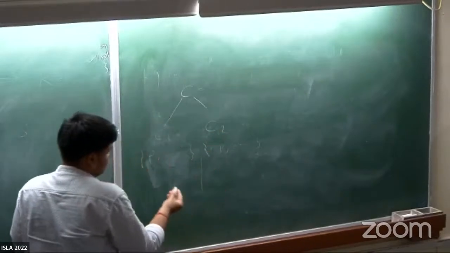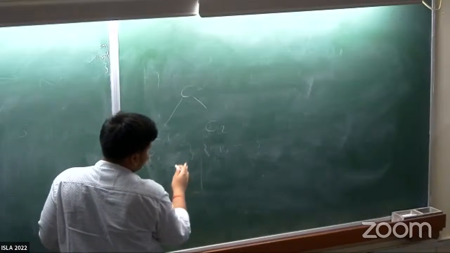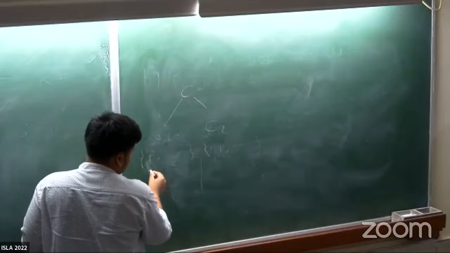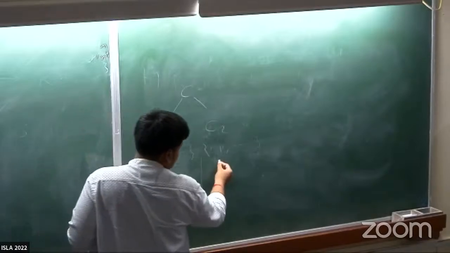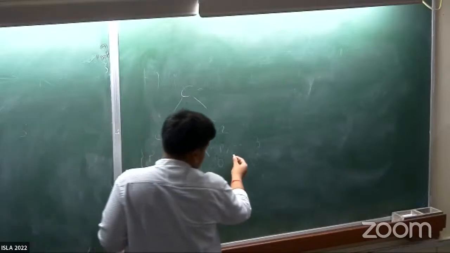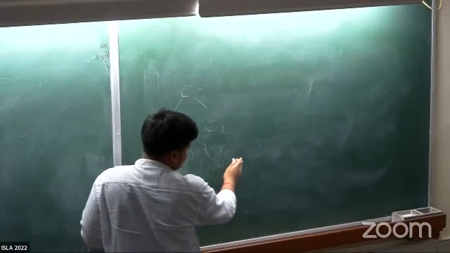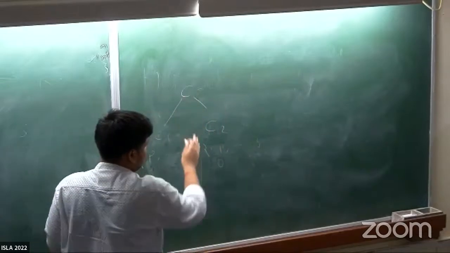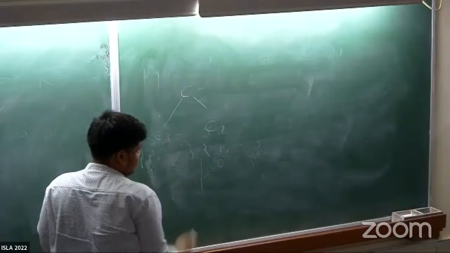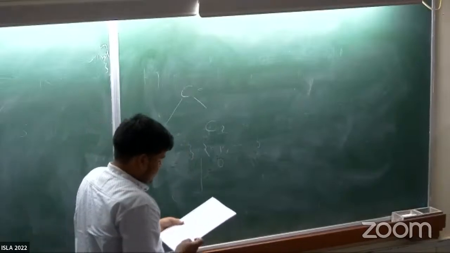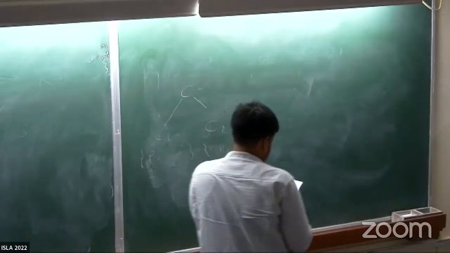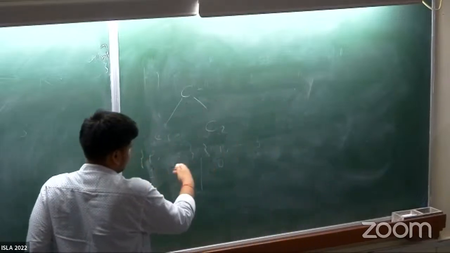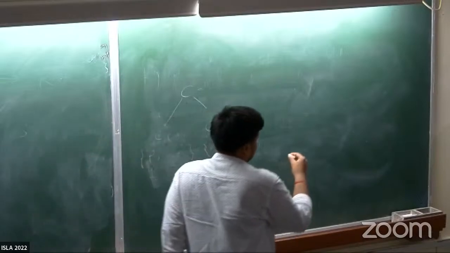So it is not very hard to see that if C1 and C2 are satisfiable, then C will also be satisfiable. Without loss of generality, I'll show one way. Let's assume P is true, so negation P is 0. Then since C2 is satisfiable, some other variable in C2 will be true, and this variable will also be in C because we are taking the union. So C will also be satisfiable. Now, using this, we'll try to prove the soundness theorem.